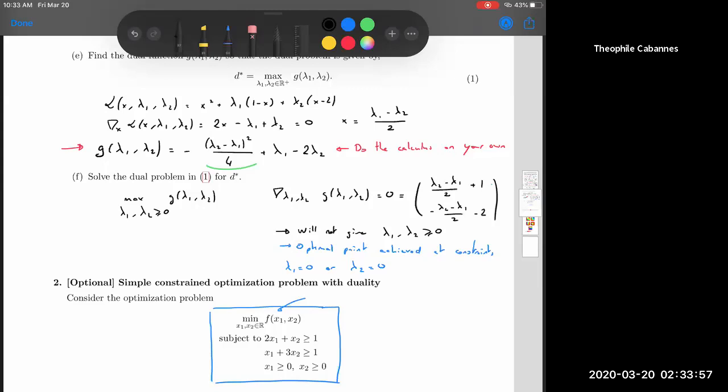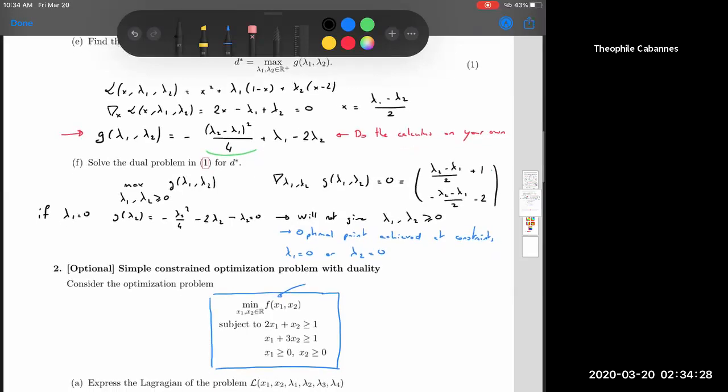So if lambda1 is equal to 0, then you just have j of lambda2 is equal to minus lambda2 squared divided by 4 minus 2 lambda2. And if you want to maximize this, you will find lambda2 is equal to 0. And j is equal to 0.